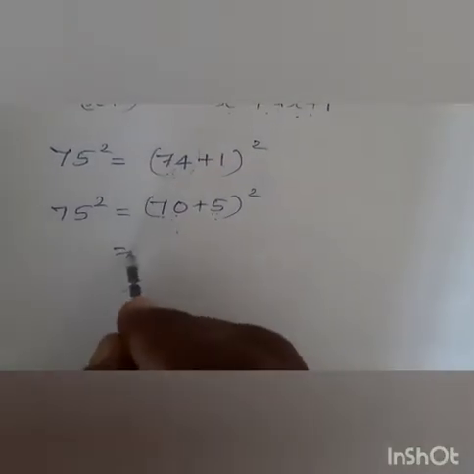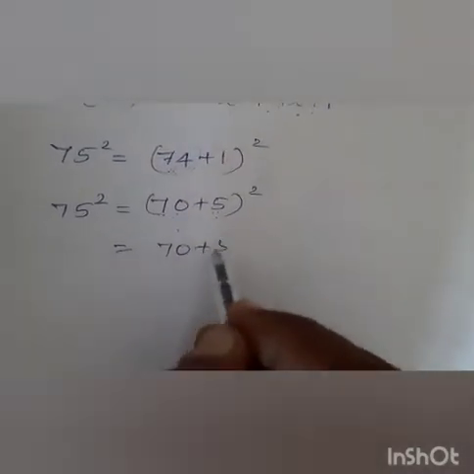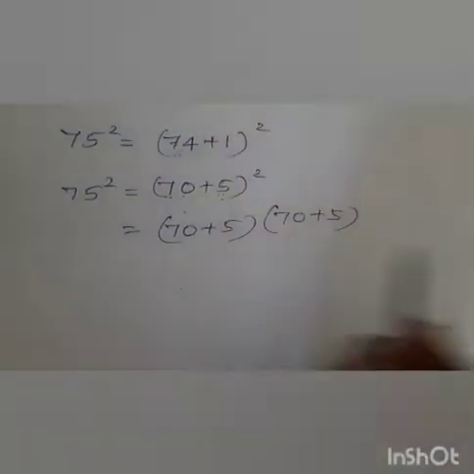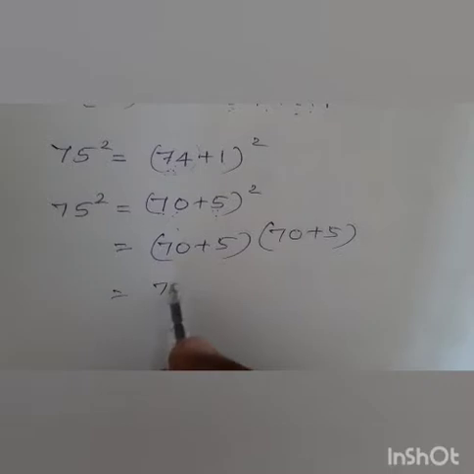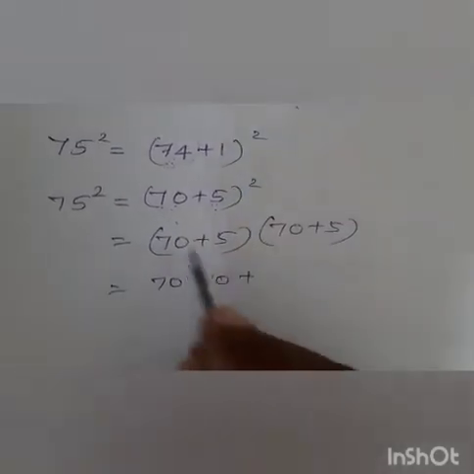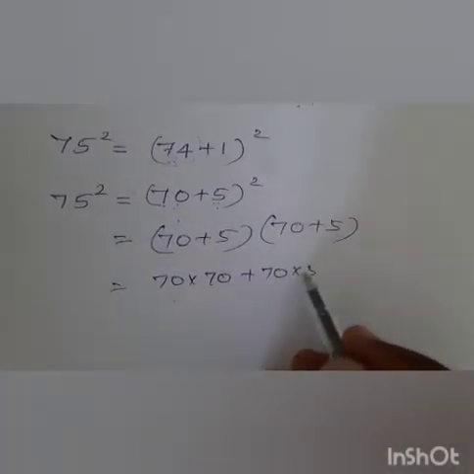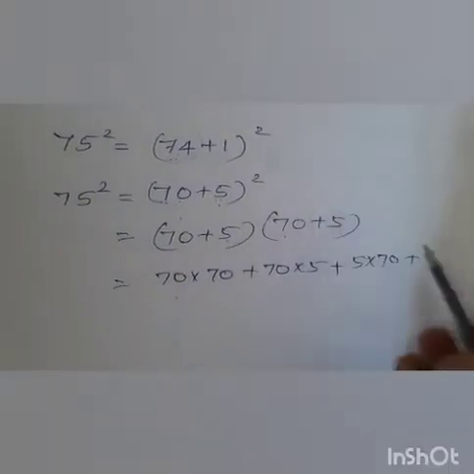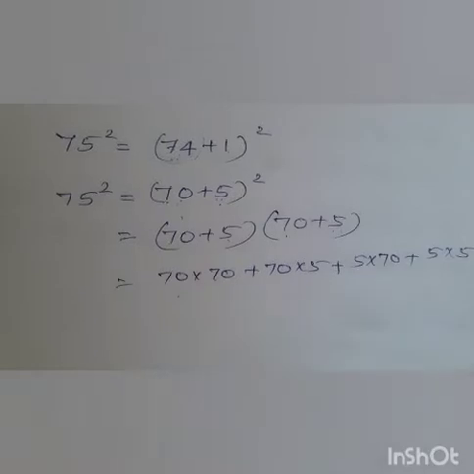So (70 plus 5) square we can write as (70 plus 5) into (70 plus 5). Then you can multiply it: 70 into 70 plus 70 into 5 plus 5 into 70 plus 5 into 5.